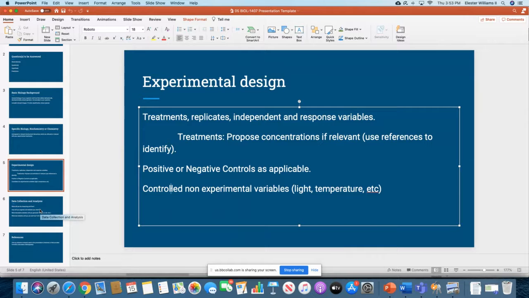So if you remember back to the Daphnia experiments, we actually looked at heart rate and how heart rate was affected both by different temperatures and by chemicals, but those were 2 separate labs.